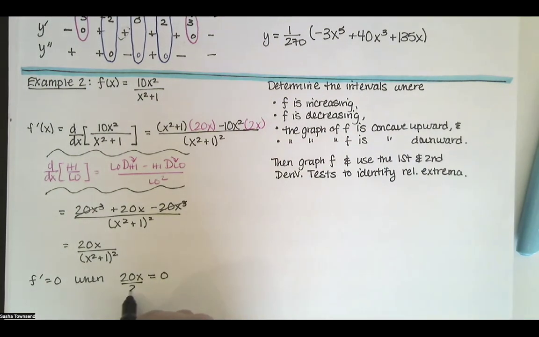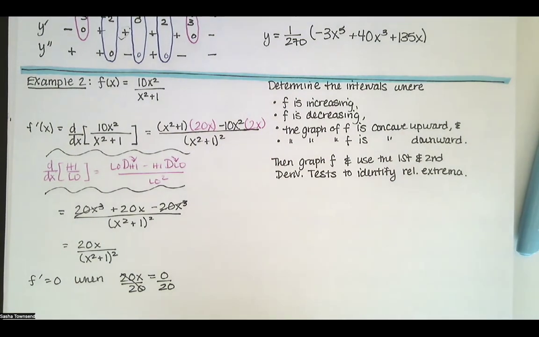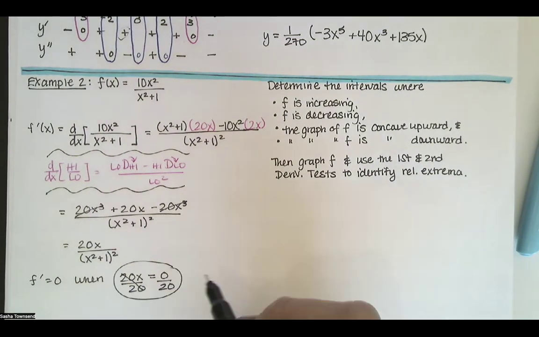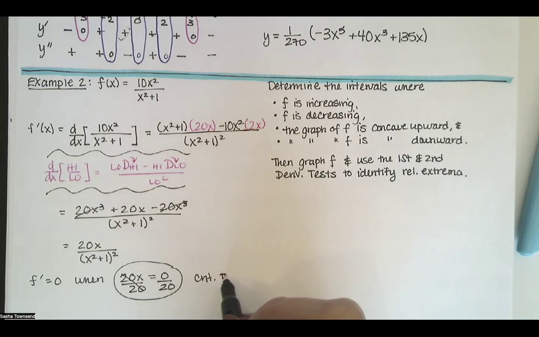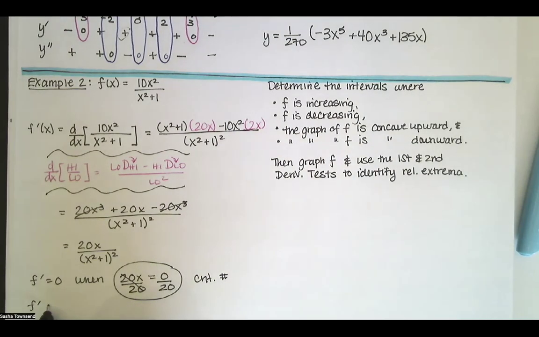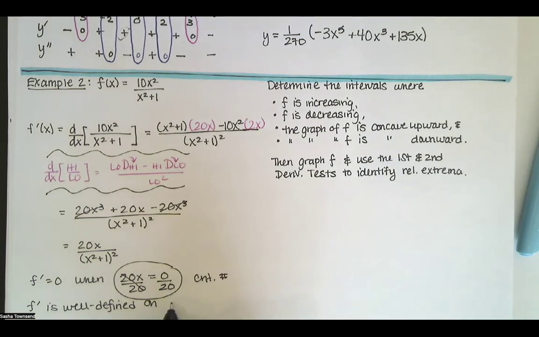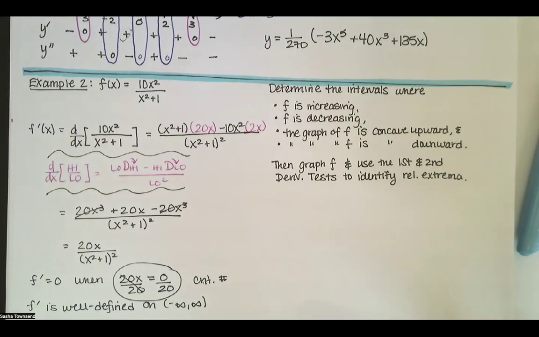And that means that x is equal to 0. So f prime is 0 when x is equal to 0. This is our one critical number. And f prime is well defined for all real numbers. So we have a single critical number there.